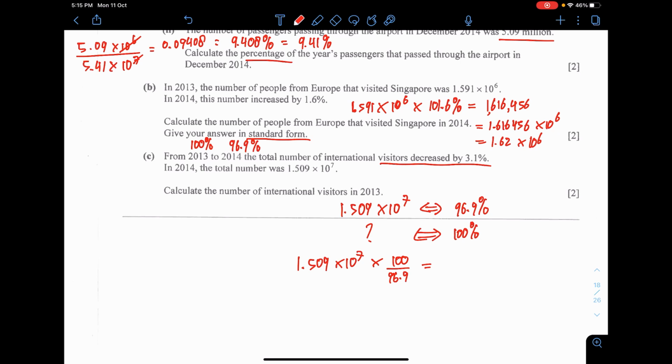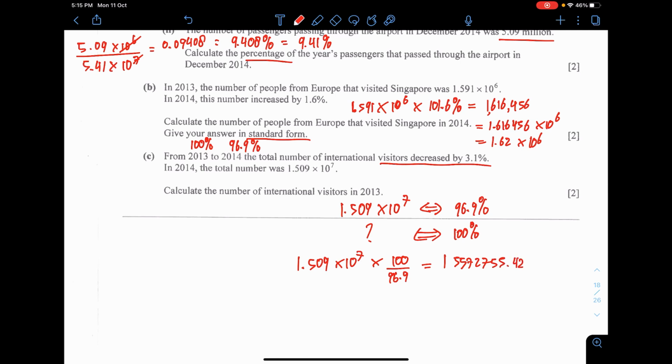Key this into the calculator. Okay, I pressed something wrong. I got, okay, that's a lot of numbers. 1557... 2755.42. Yeah, of course, make it into standard form.